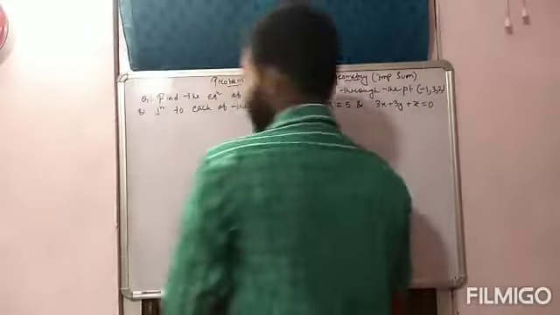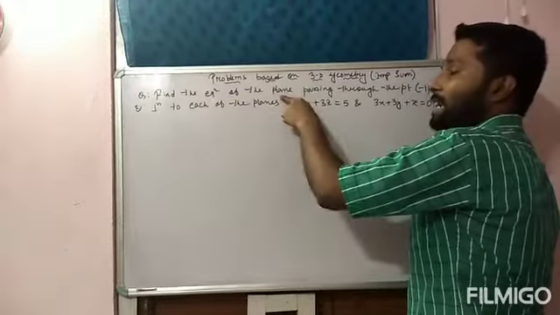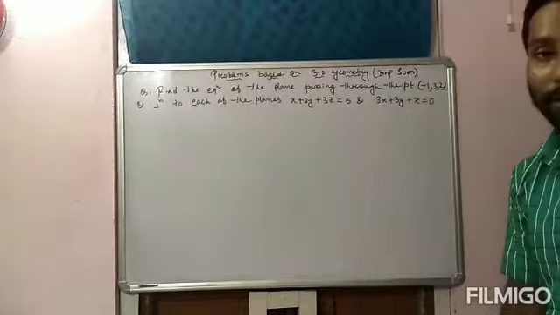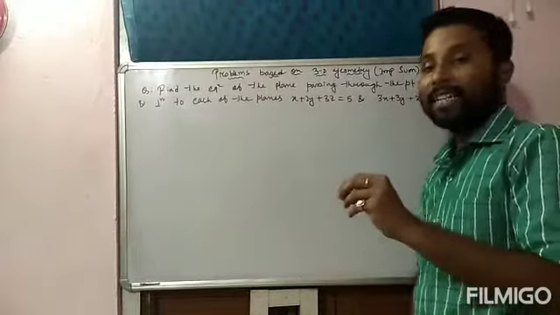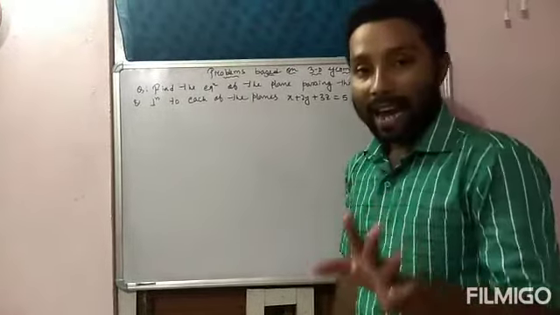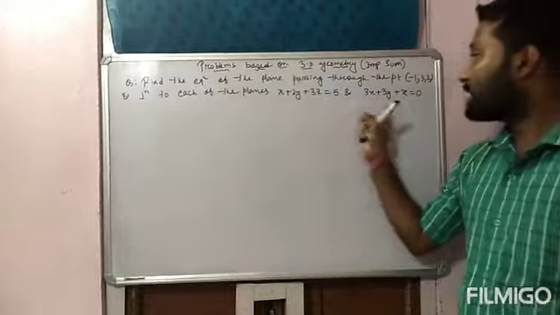Okay, this is also one of the important questions. You are asked to find the equation of the plane which is passing through the point -1, 3, 2. The required plane is passing through -1, 3, 2 and is perpendicular to each of these two planes.